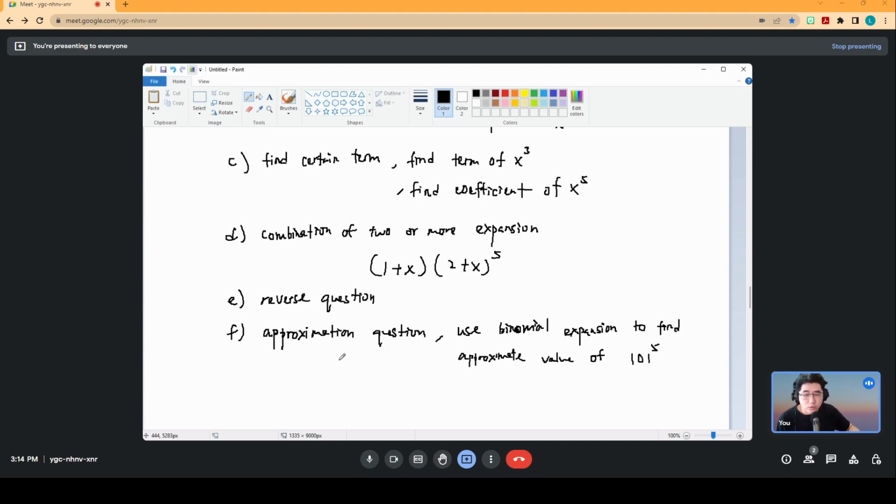Since you can calculate an approximate value, they may also ask for percentage of error, percentage of accuracy, or even degree of accuracy.